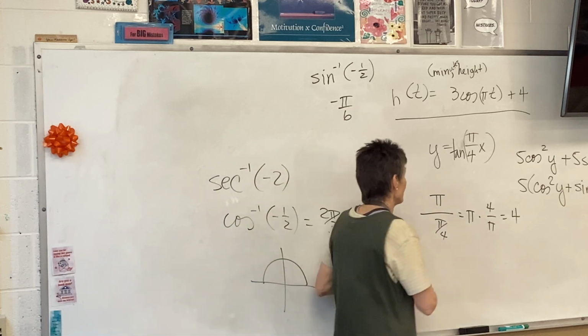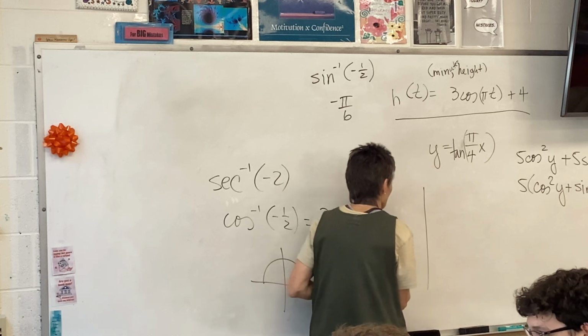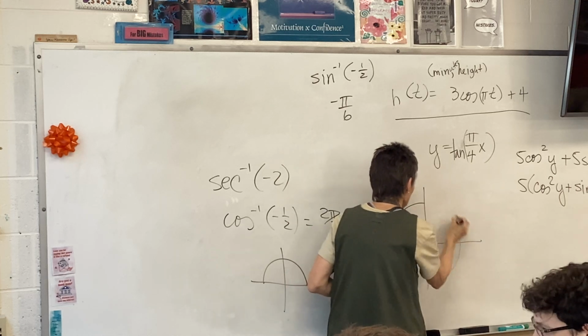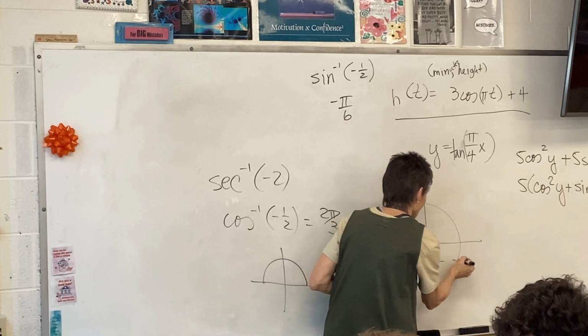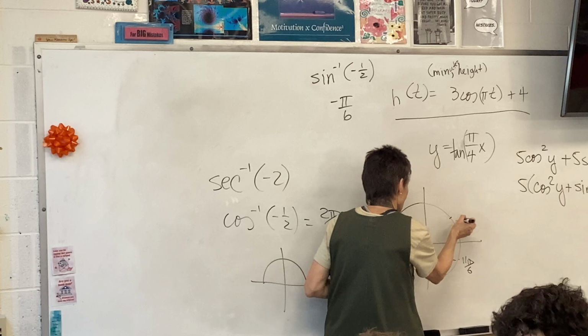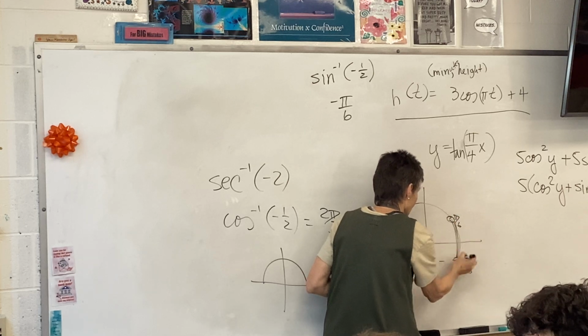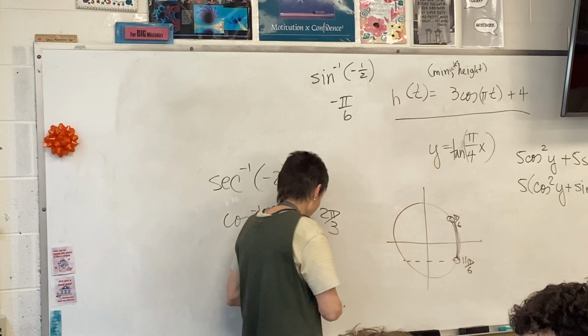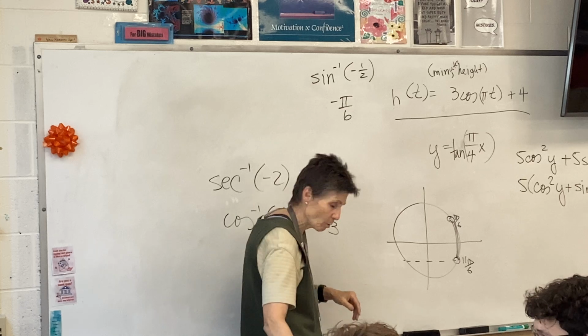Remember, we don't have time to do another one, but remember your inequalities when you start shading. And let's say you shaded everything. This is 11 pi over 6, and this is pi over 6, and you shaded all of this. And then you also shaded another part of the problem.